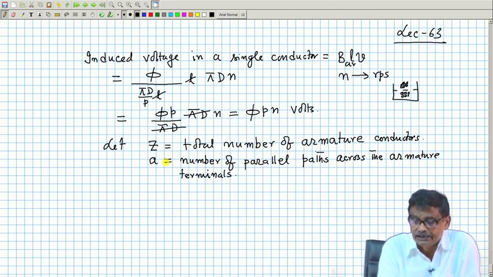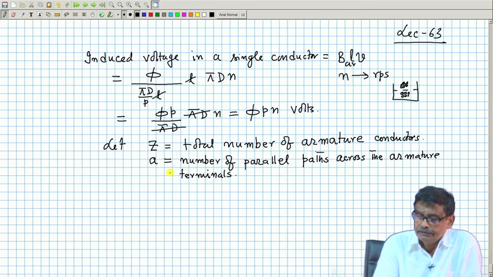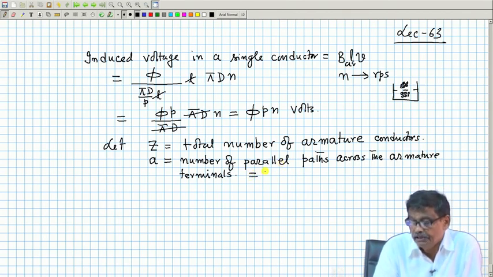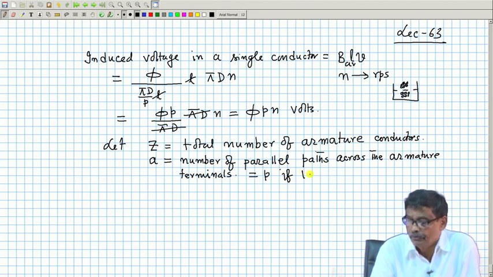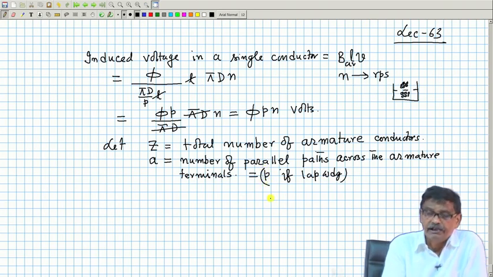So, that is why a general variable name is given for the parallel paths. I am certain about one thing, that this is equal to P if lap winding, this much I am sure about lap winding. So, better use a general variable name for parallel paths.